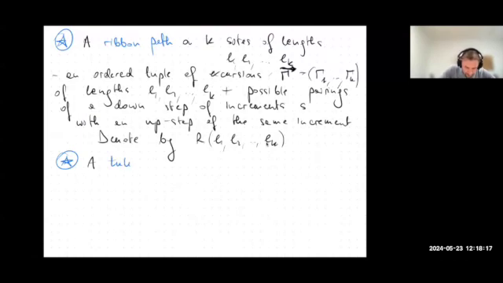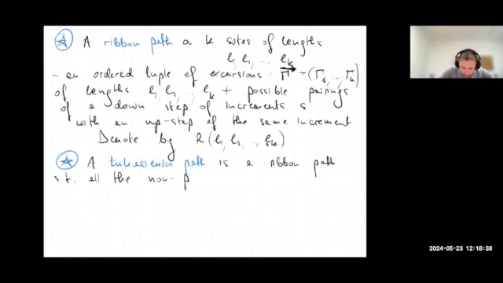A Łukasiewicz path is just a ribbon path such that all the non-paired up steps have increment 1.